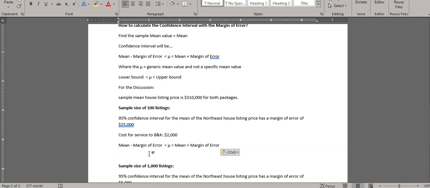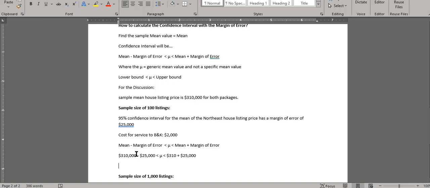What I'm going to do is take the mean, which is the 310,000, minus the margin of error, which is 25,000, less than the generic mean value, and that's going to be less than the mean, which is 310,000, plus the margin of error, which is 25,000.